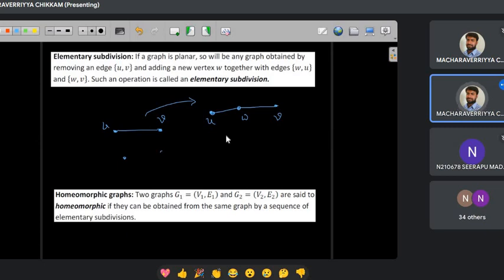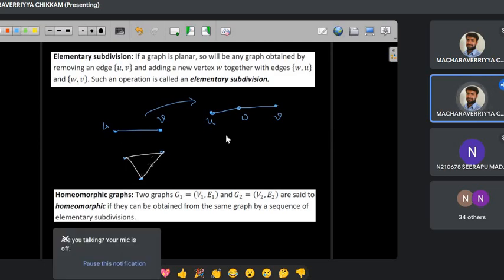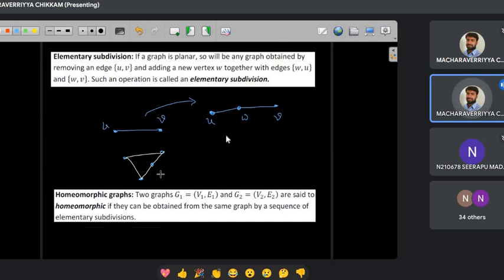See, for example, you take this graph, that is K3. Let me show you one elementary subdivision. Simple. Just keep one more vertex here. It is like on edges you are taking new vertices. This is one elementary subdivision.